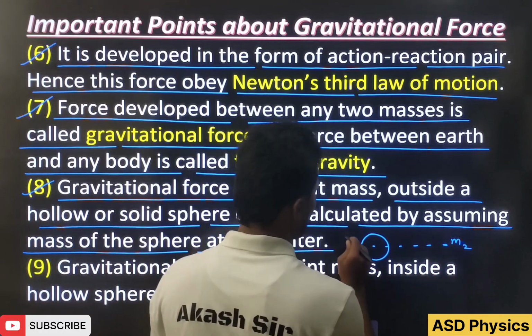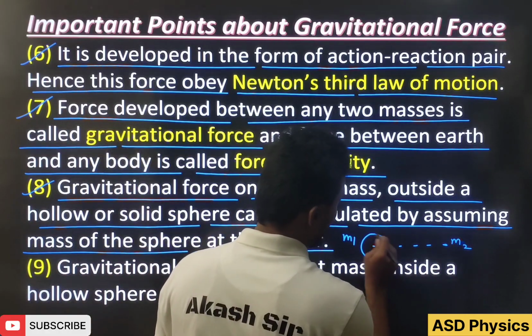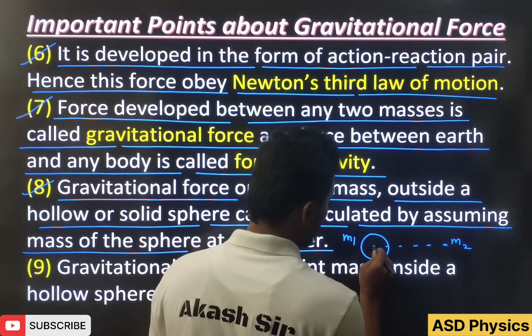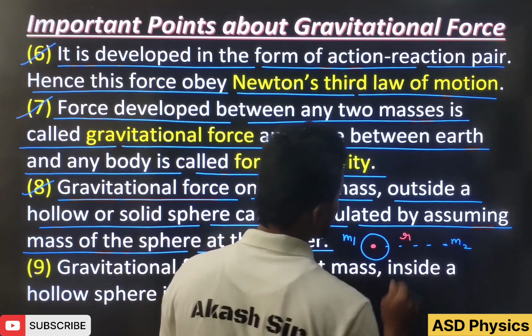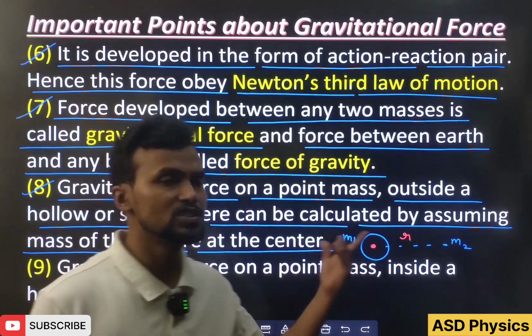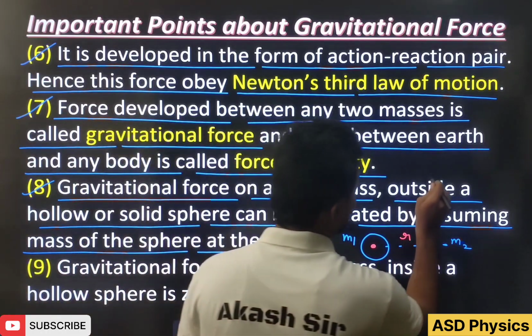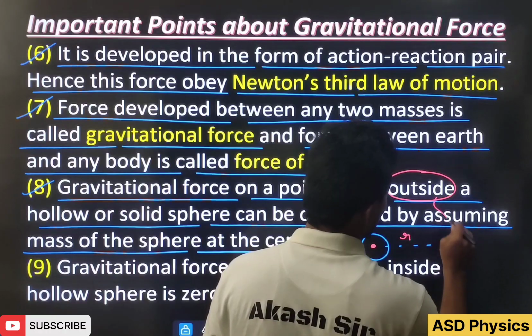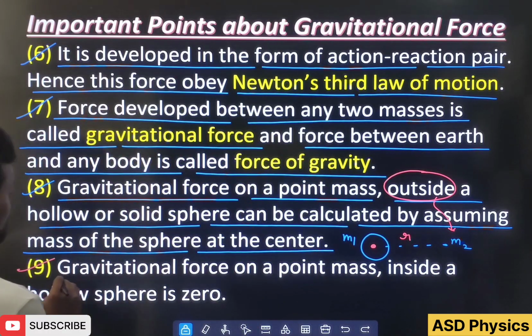Let's take this as M2 and this as M1. As this point mass M2 is outside, the total mass can be concentrated at the center. And if the distance between the masses is r, we can write the formula G m1 m2 by r square. Value is not a problem, because this m2 is present outside. Remember that.